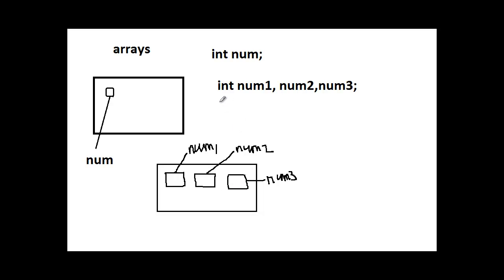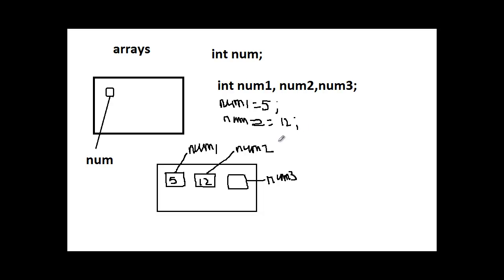So when I say num1 is equal to 5, then the value 5 will be placed in the box, that is the variable created in the RAM, and it will contain 5. If I say num2 is equal to 12, then the value 12 will be assigned to this box.